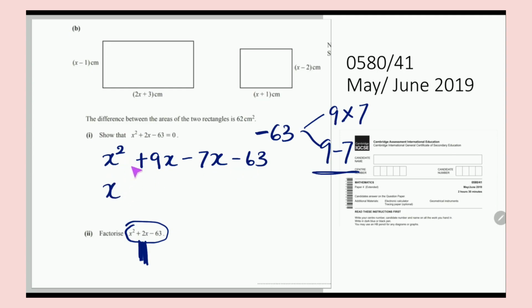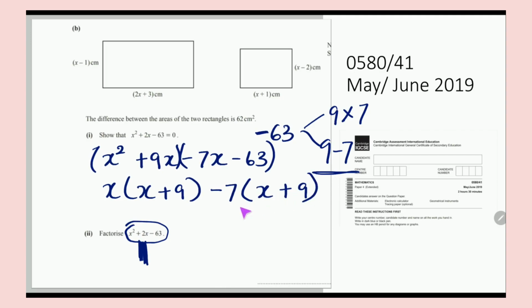And here you take the common term out, that is x. So it will be x plus 9. And when you take 7 out, it will be x plus 9 again. So it's x plus 9 and x minus 7. These are the factors of it.